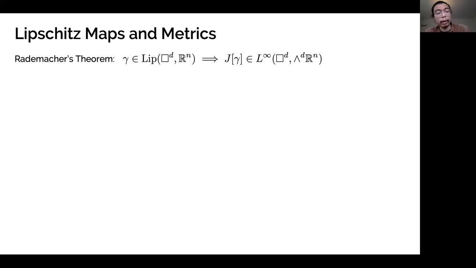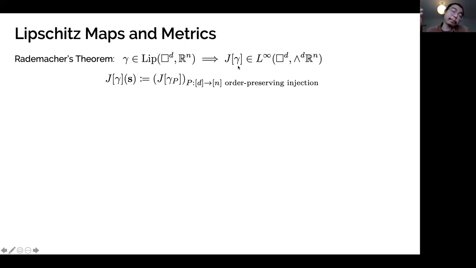Once again, if we look at Rademacher's theorem, this tells us if we have a Lipschitz map from the D cube into R n, these Lipschitz maps are going to be differentiable almost everywhere, and this means that the corresponding Jacobian minors are also going to be differentiable almost everywhere. And so we can think about this collection of Jacobian minors as an element of an L infinity function.